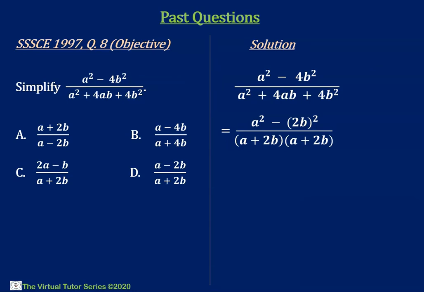Now, the numerator is a difference of two squares and can be factorized as (a - 2b)(a + 2b), all over (a + 2b)(a + 2b).